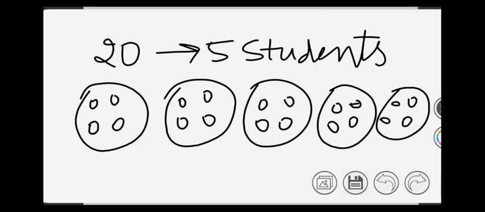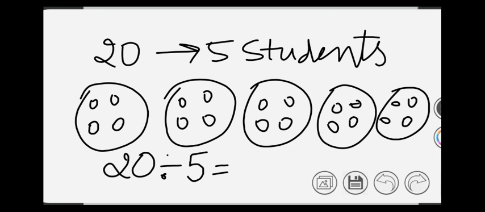But if I want to represent it in the division sentence, how can I write it? The total chocolates was 20, so 20 chocolates, this is the dividend. And I need to divide or distribute among 5 students. That means I have to divide this 20 by this 5. So here 20 is the dividend and this 5 is the divisor.